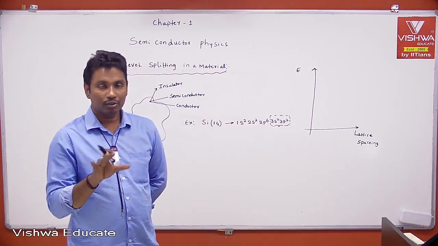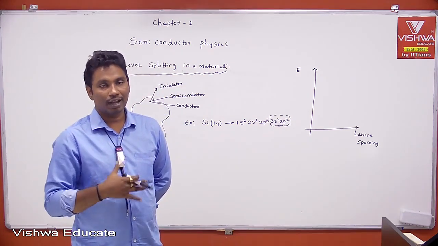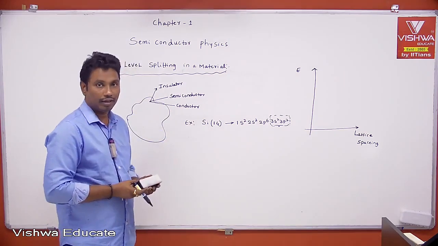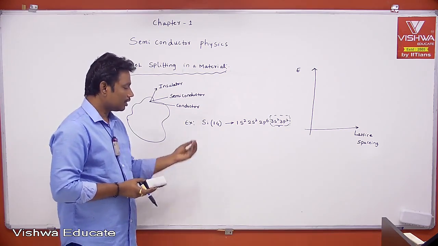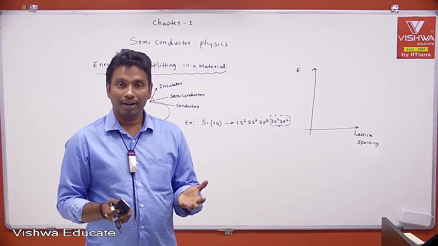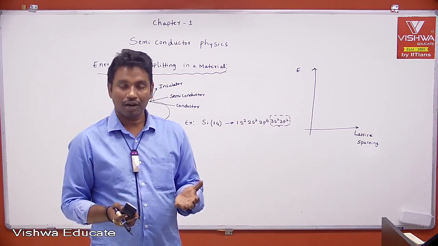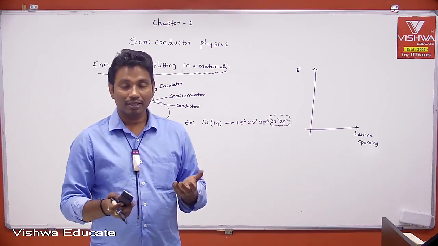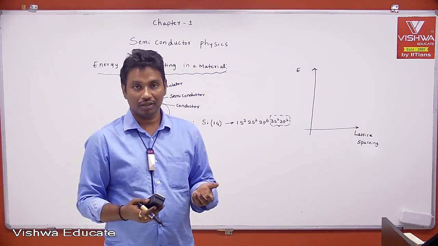Right. To draw the energy band diagram for a material, I am considering silicon. Here, in case of silicon material, the silicon atoms are uniformly arranged, and initially they are arranged far apart from each other, right?